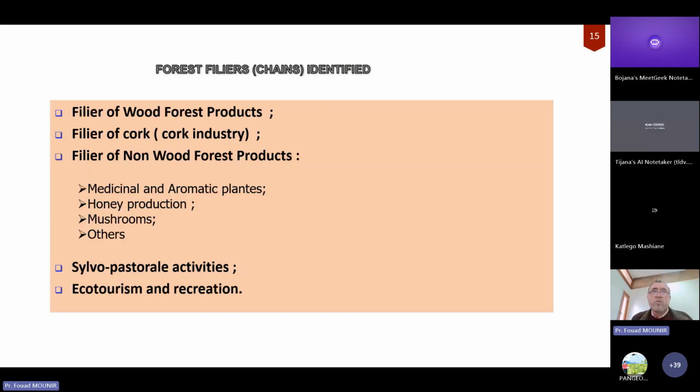Within this new strategy, we try to identify what we call chains, or filière in French: the chain of wood forest products, the chain of the cork industry, and the chain of non-wood forest products. Among them we can cite medicinal and aromatic plants, honey production, mushrooms, and others.